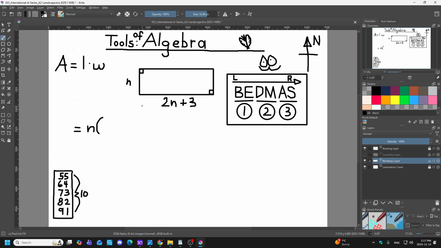And then I'm going to multiply it by the length, which is 2n plus 3. So really what I've done, guys and gals, is instead of using L and W, I'm replacing it with n multiplied by 2n plus 3. It's all the same. Okay?